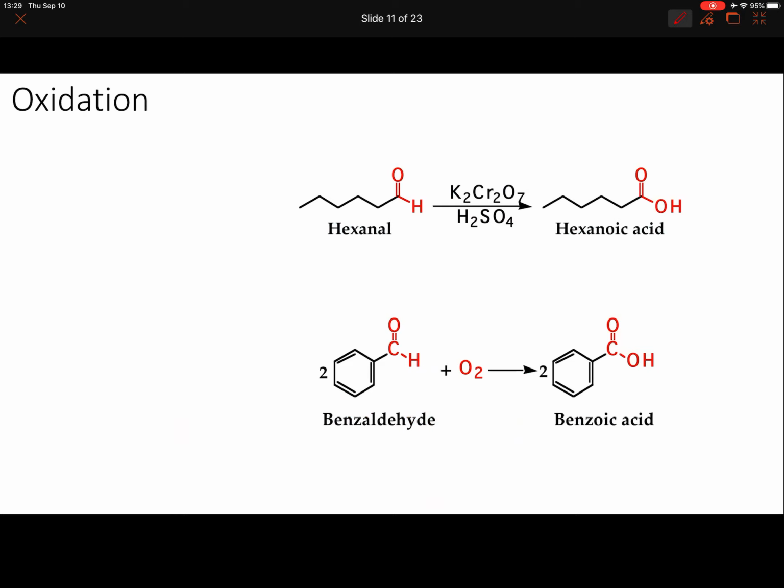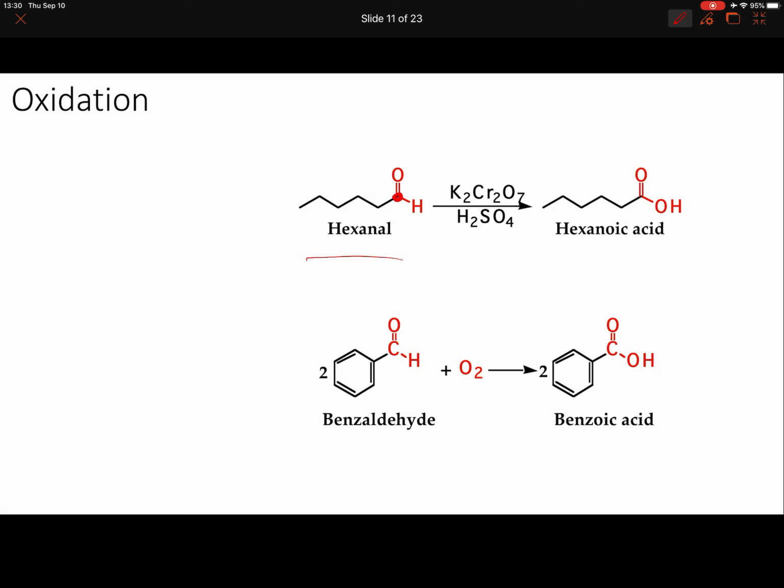Let's talk about oxidation. So aldehydes are oxidized into carboxylic acids. So here I've got hexanal. And carboxylic acids can be created by various oxidizing agents. One of those is this potassium dichromate that I'm showing you. Here there's an acid catalyst. But essentially the carbonyl carbon is going to be oxidized.